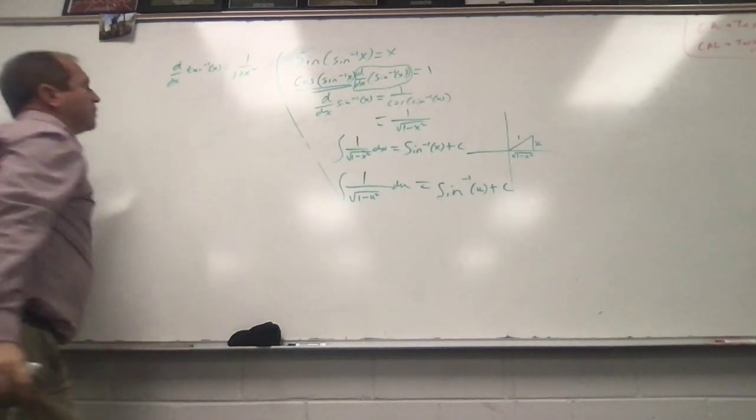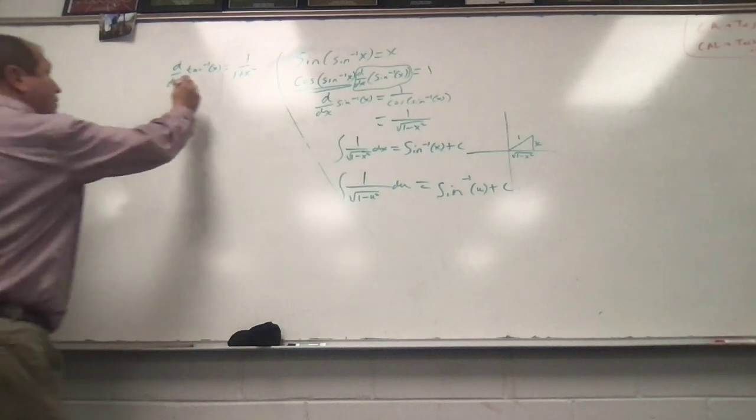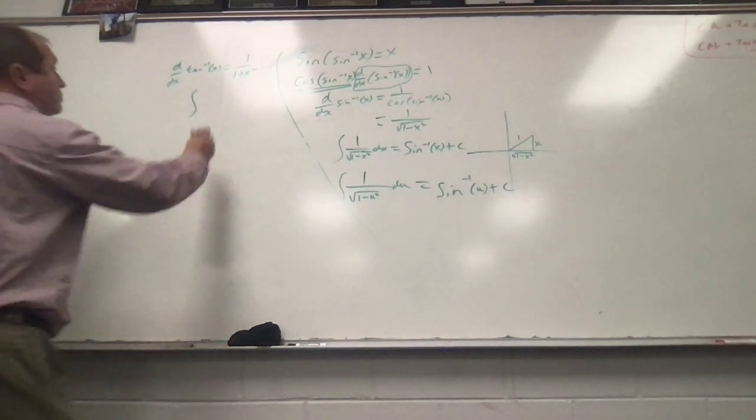It was 1 plus x squared in the denominator, or you could say 1 over x squared plus 1. All right. So, here I am, in case y'all don't see me here. I've got dx over 9 plus 4x squared.